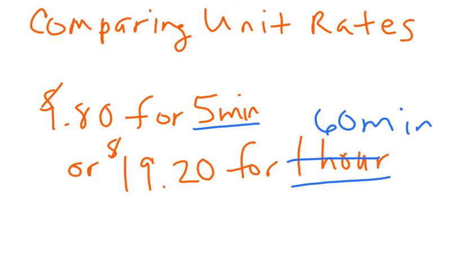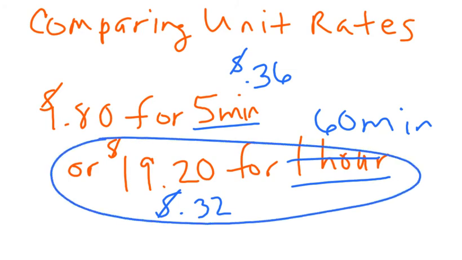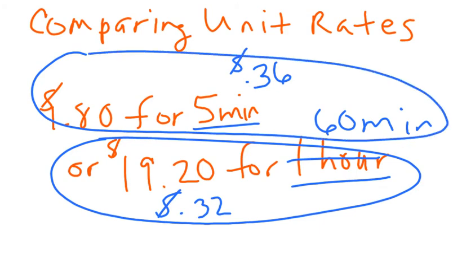Divide 180 by 5. Divide 1920 by 60. Okay, when you divide 180 by 5, you get 36 cents. And when you divide 1920 by 60, you get 32 cents. So, this one costs less, and this one costs more. Sometimes the problem asks you for what costs less, and sometimes what costs more. Sometimes it says greater rate, smaller rate.